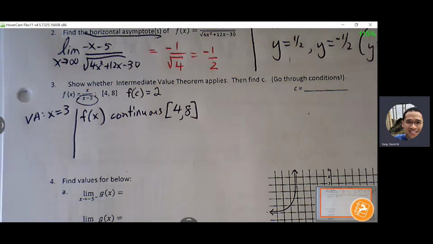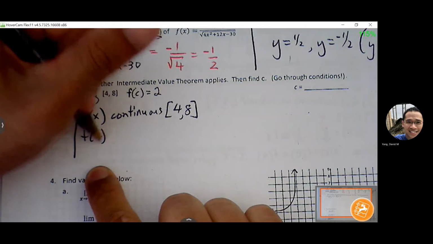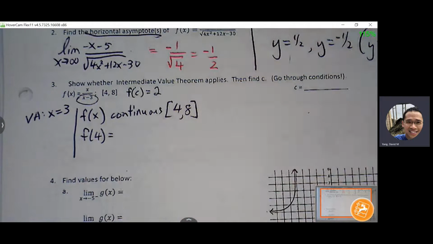We're trying to decide what is the minimum amount of information, without looking at the graph, for us to guarantee that y value 2. So I need continuity, and I need one endpoint to be below, one endpoint to be above. That's the least amount of information that will allow me to guarantee what I'm looking for. So I'll plug in f of 4 first. The 4 into the function.